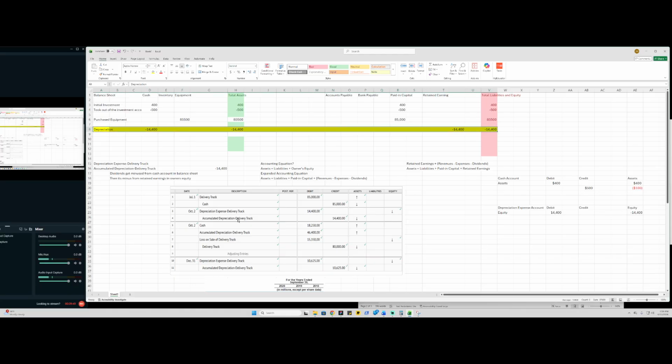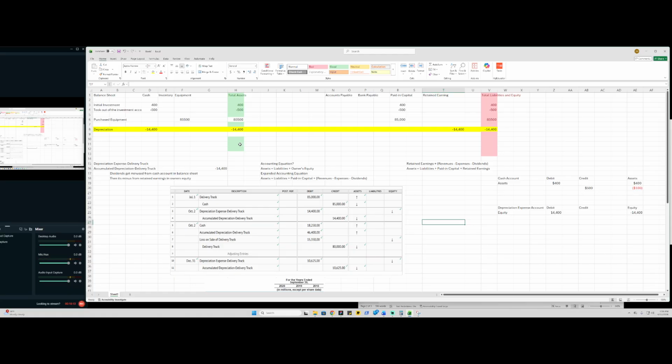If there was another truck that they didn't sell, that's another truck that they have. You would add those together and combine the total depreciation expense.